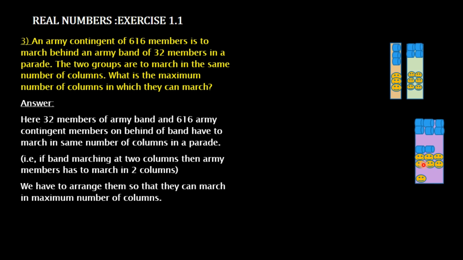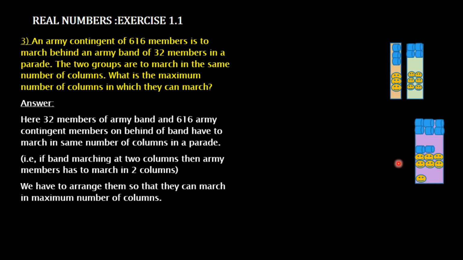So what we have to look at is, in order to divide something equally, that thing must be a factor. That is, in order to divide 32 members in a column equally, that column number must be a factor of 32. Also, that column number must be a factor of 616.